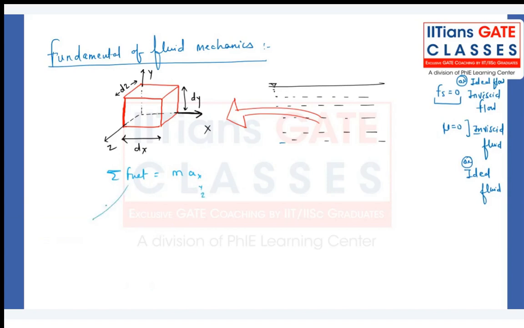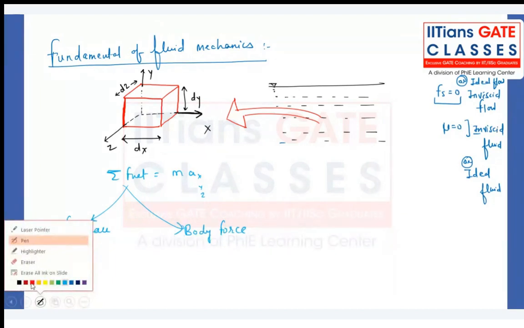Now, what are all the forces that will be acting? The first one will be surface force. Second one will be body force. First force we'll be discussing here is the surface force. What are all the surface forces that will be acting on a particular surface? Tell me, guys.